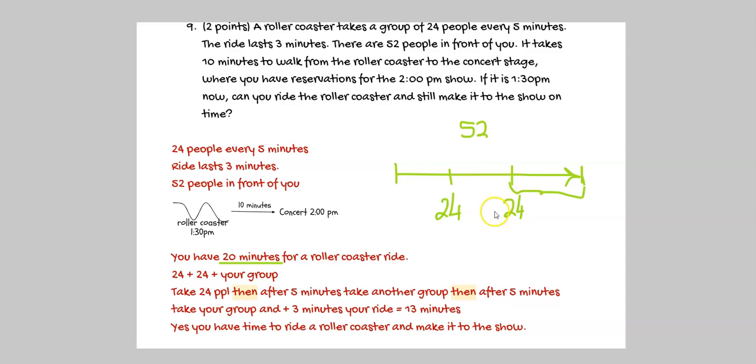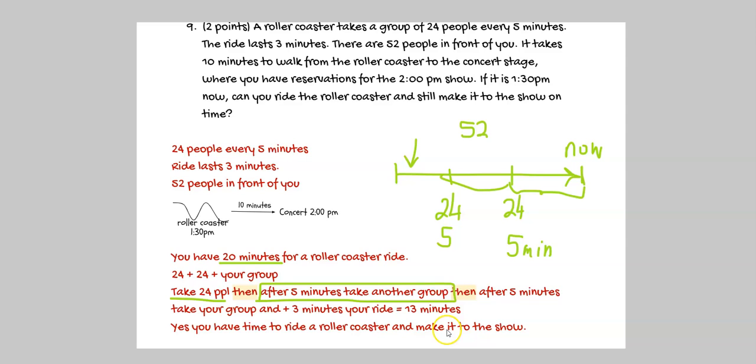So they take a group of 24 people now, and then after 5 minutes they will take another group of 24 people, right? And then after 5 minutes, they will take the group where you will be standing, right?